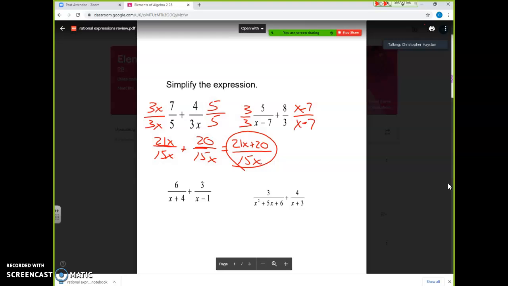So for room, I'm going to put it up top. We have 15 over 3 times x minus 7. Don't distribute it unless you have to.